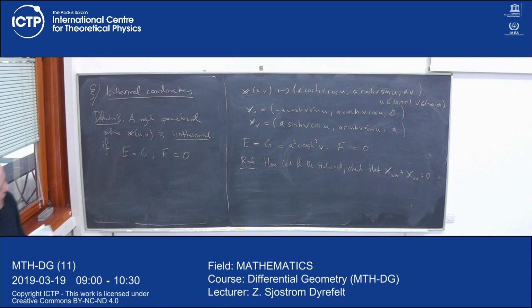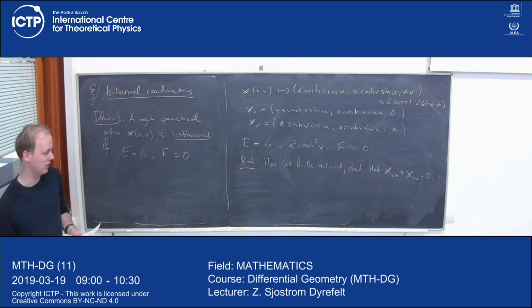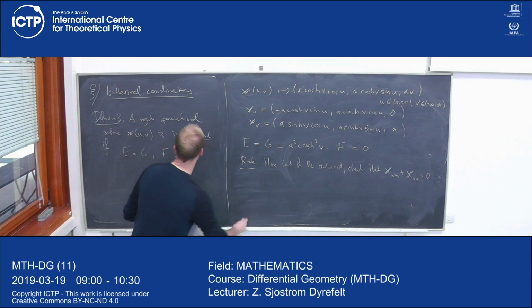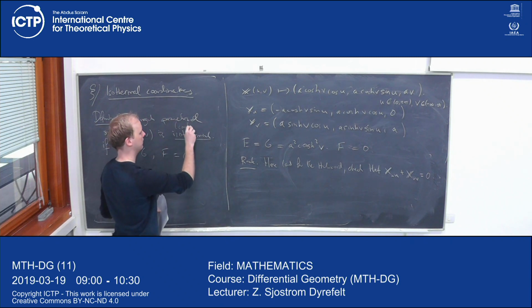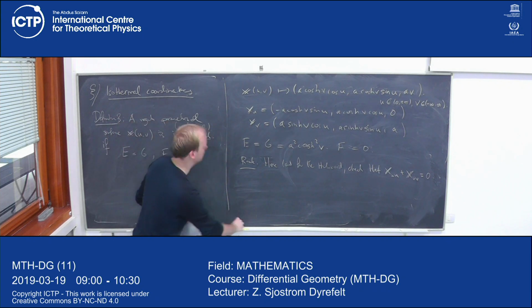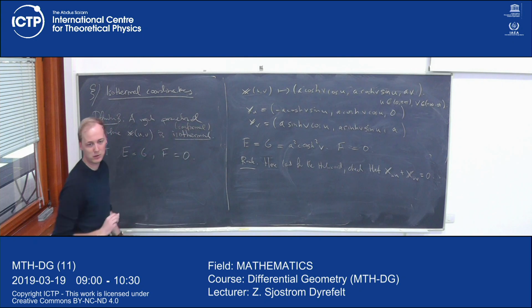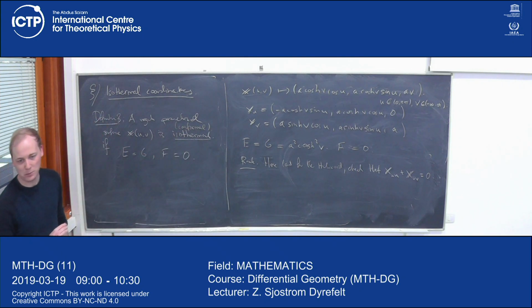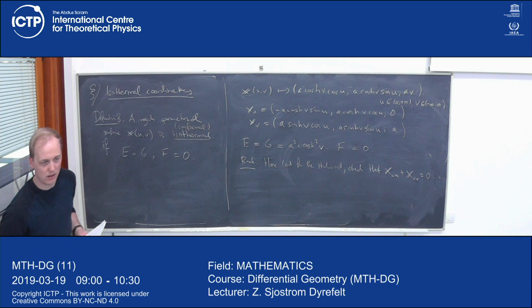In some literature this is also called conformal. Duchamp and a lot of people use isothermal, which is most commonly seen, so I use it as well. But it's also sometimes called conformal coordinates, and this means that it actually preserves angles. Is it the same meaning as in complex analysis?